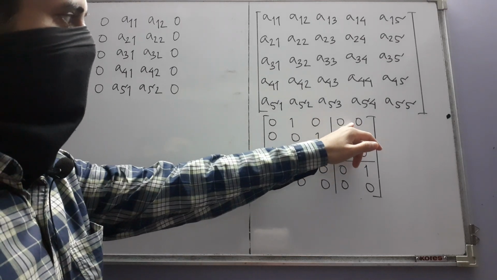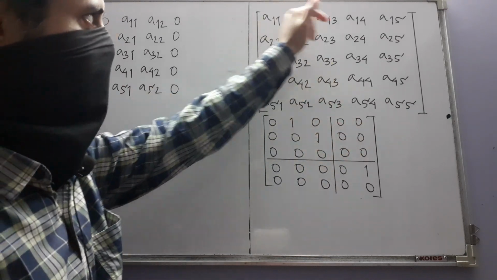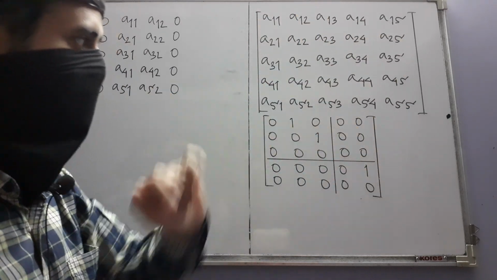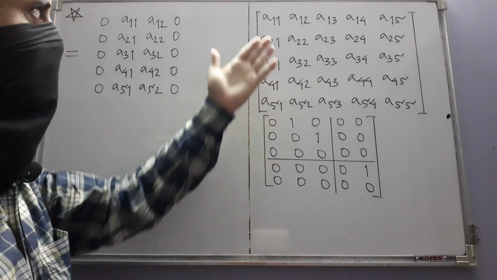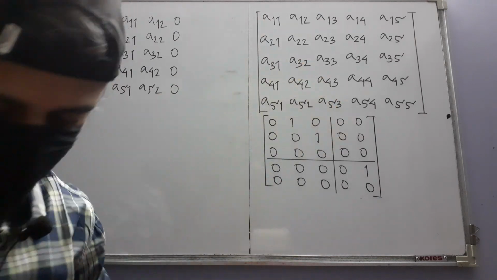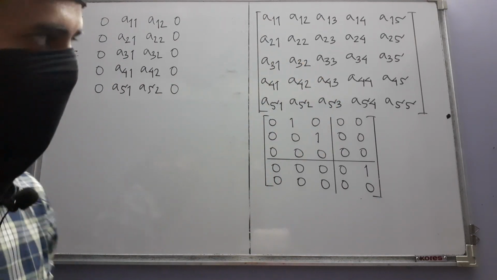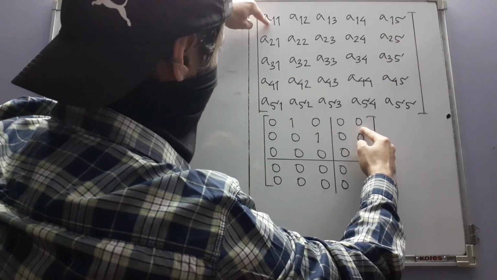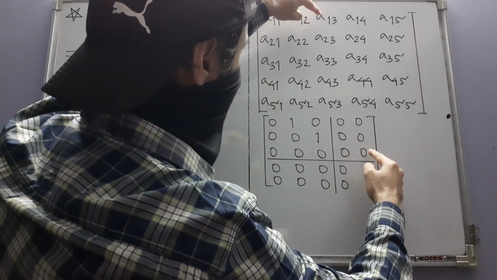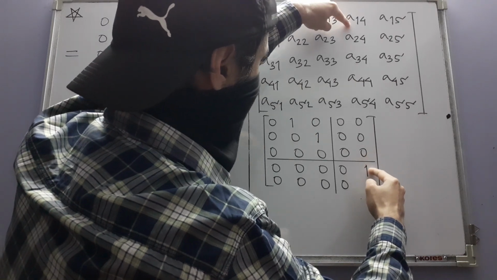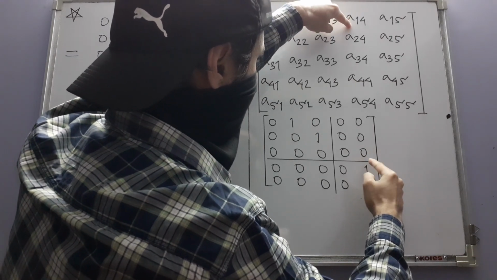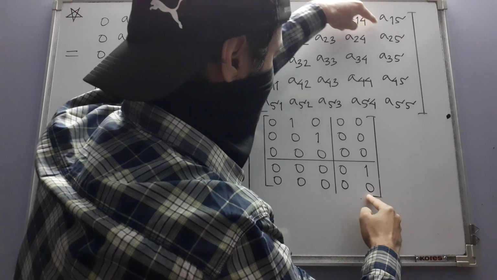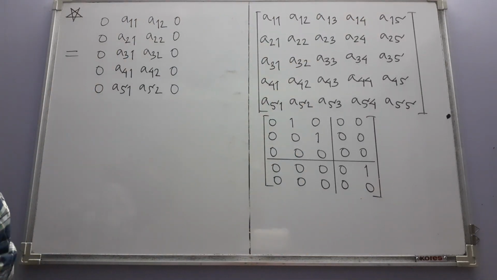And finally we take the product of all the rows with this column. Let's see what happens with the first row. In fact, let me use both hands. 0, 0, 0, A14. With that we multiply 1 and then 0. That means A14.